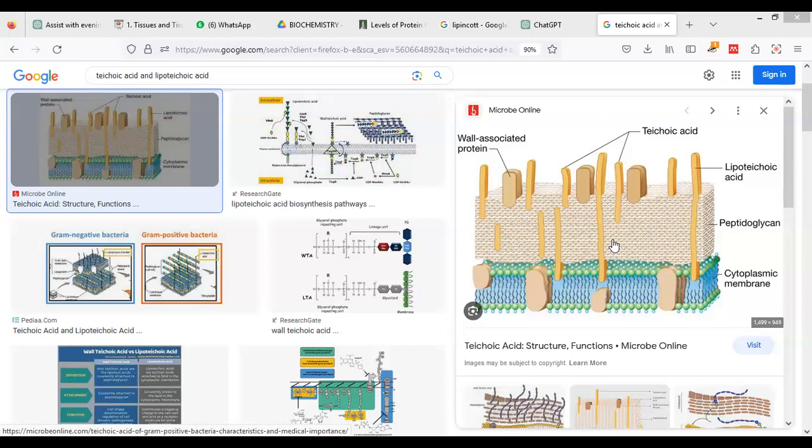In gram negative we just have the lipopolysaccharide, as displayed here. But in gram positive we have teichoic and lipoteichoic acids.